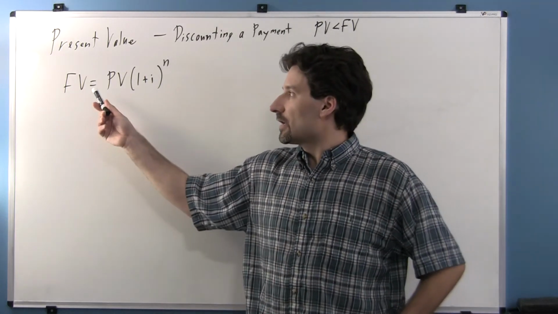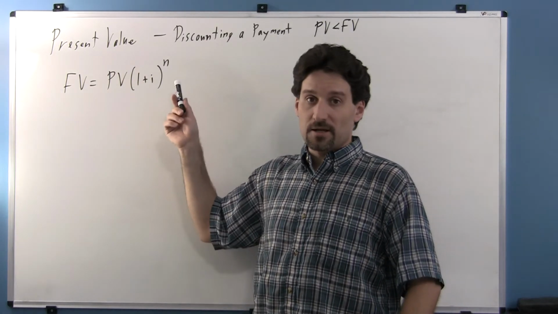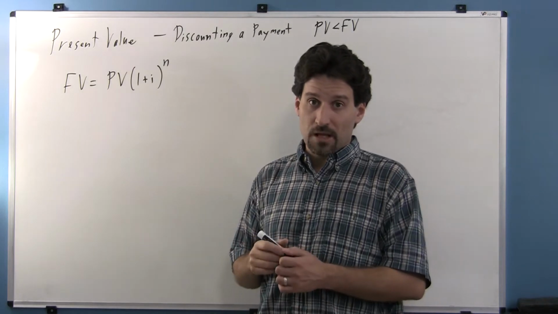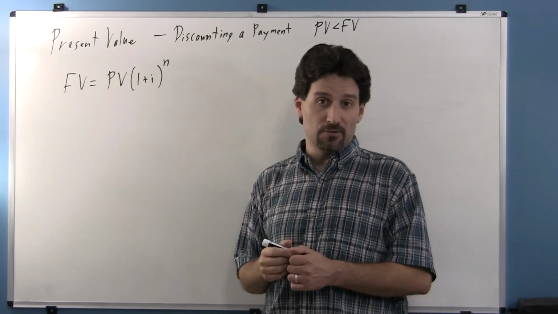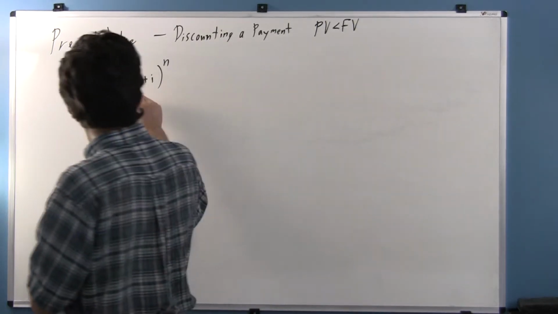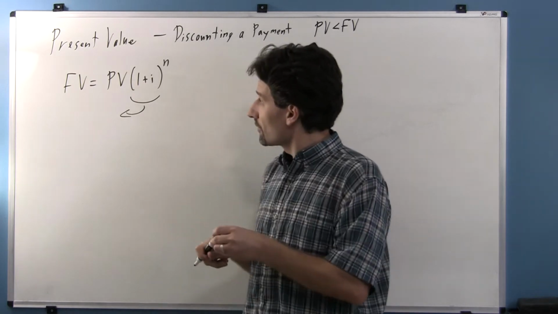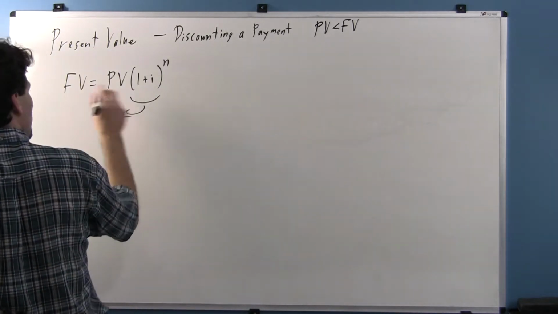So we have our equation: future value equals present value times bracket 1 plus i bracket to the power of n. Let's solve for the present value. How do we do that? We want to get present value all on its own, so we're going to take this and divide it to the other side. Let's flip it around while we're at it.